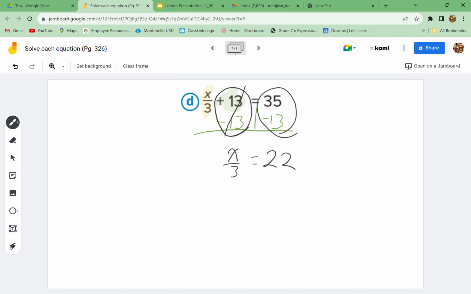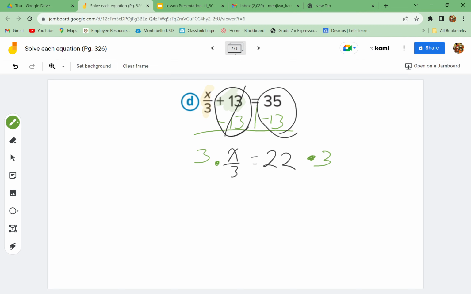Now, since this bar means divide, and I'm dividing by 3, the opposite of division is multiplication. So we multiply by 3, and whatever I do to one side, I do to the other side. Just like that. See how I show multiplication by doing this?